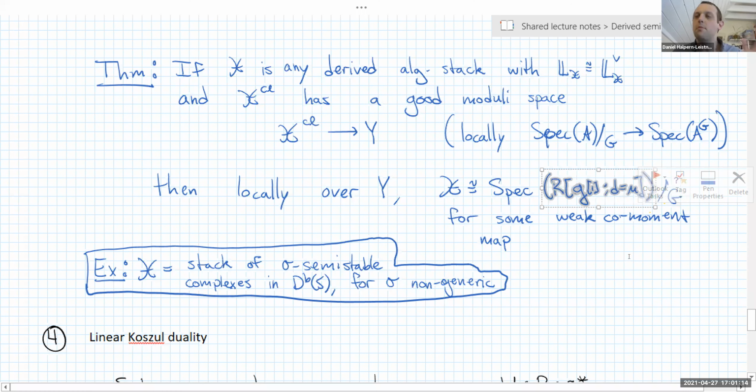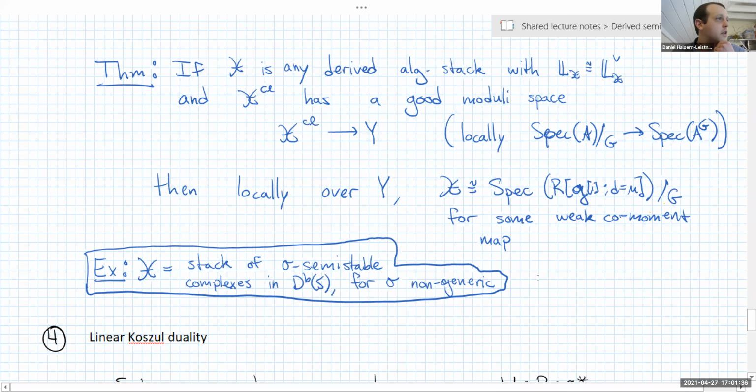It is not literally a moment map coming from a Nakajima quiver variety picture. It's some kind of deformation of that. It looks like a moment map to first order or something. But that comes from this description as a derived stack.